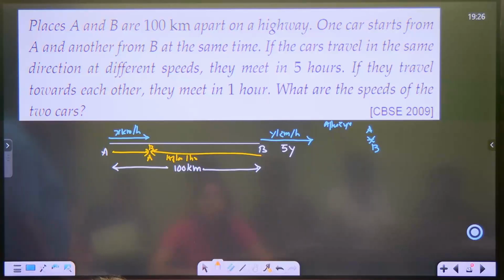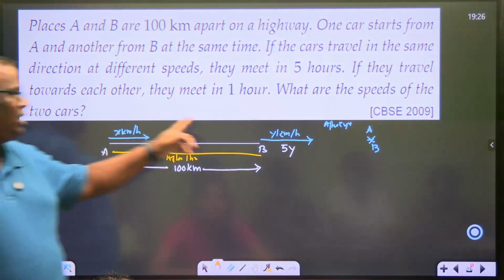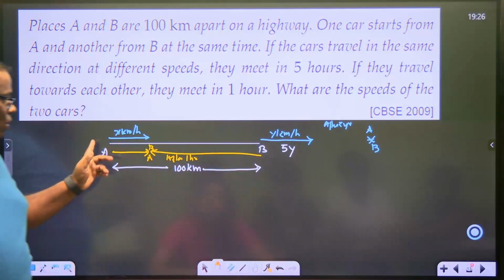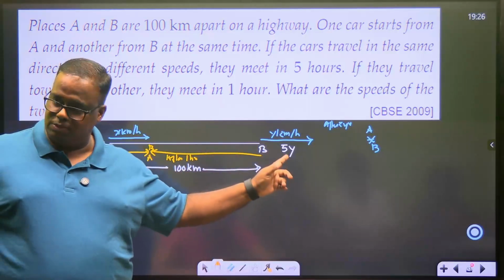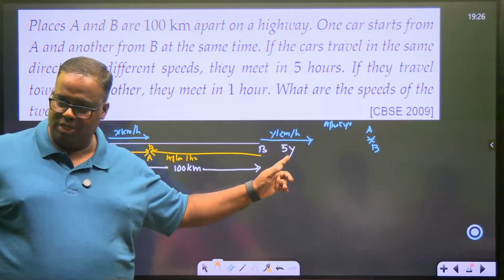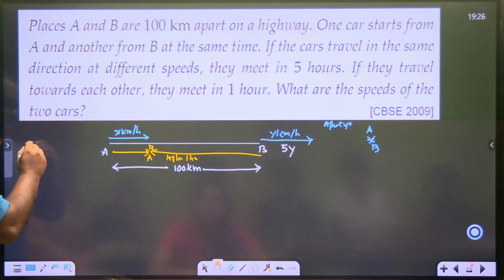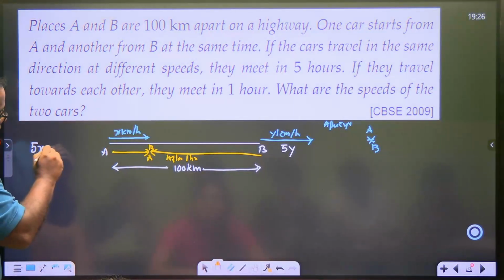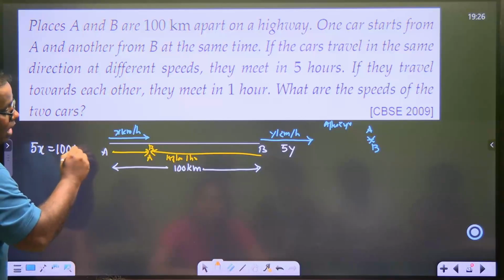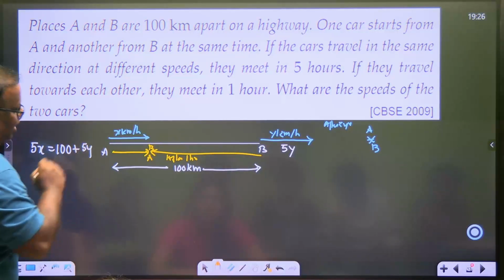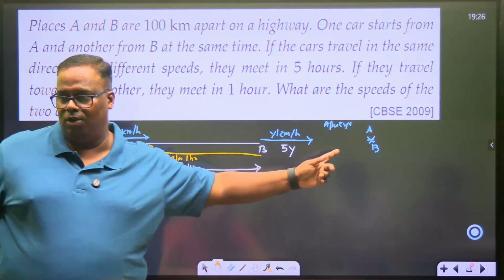If A is going and meeting him, then A must have traveled 100 plus 5y. But in 5 hours, how much will A travel? 5x. And his 5x has to be equal to 100 plus 5y. Then only he will meet this fellow.